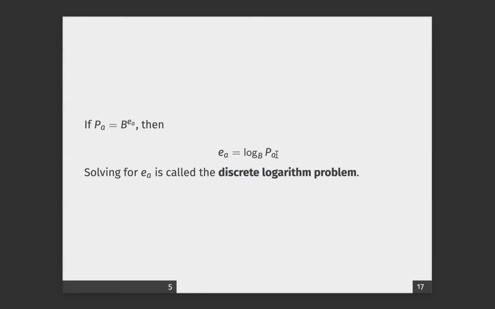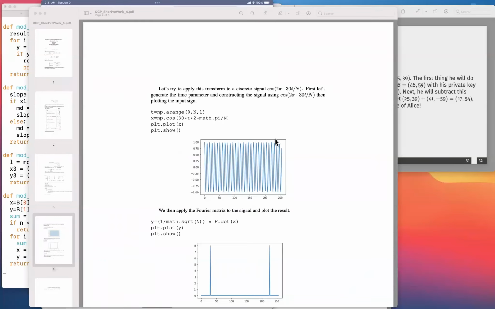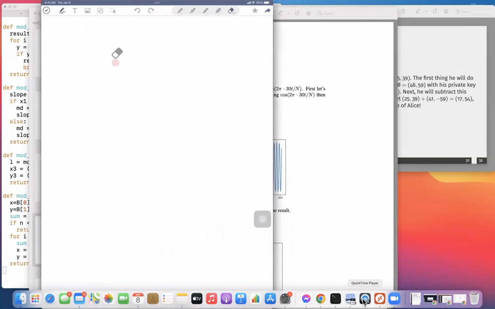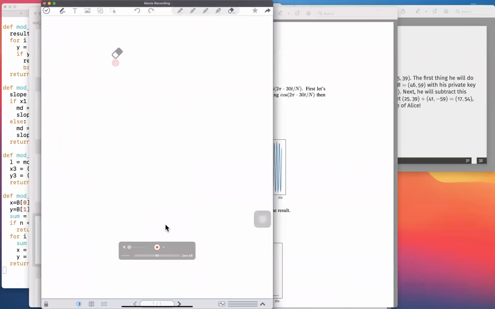So what does that mean? Let me give you an example of what the logarithm means. Remember that in high school mathematics, if we have 10 raised to the 3, that is equal to 1000, right?